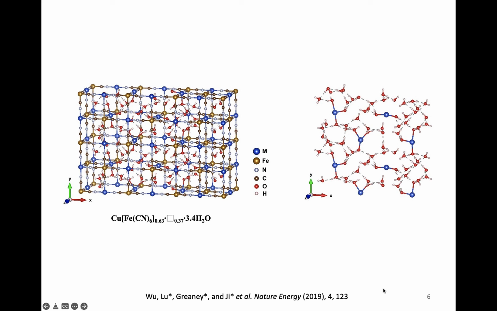Defective Prussian blue is such a material where, due to the significant amount of structural defects, the contained water molecules inside form a hydrogen bonding network that percolates inside the lattice. The left figure is a unit cell of this defective Prussian blue, and the right figure is the water network, the hydrogen bonding network.